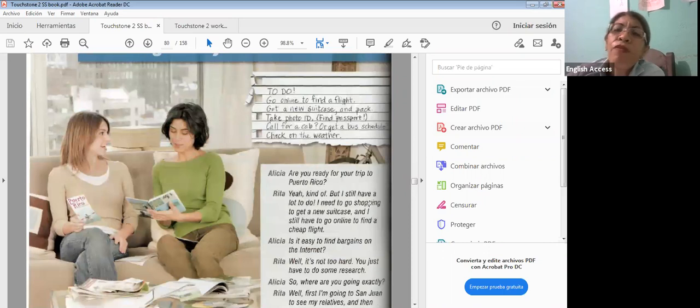So before going away, she is completing a to-do list, okay? So here we have some activities that she has to do before going away. It says to do, and we have a list of activities.